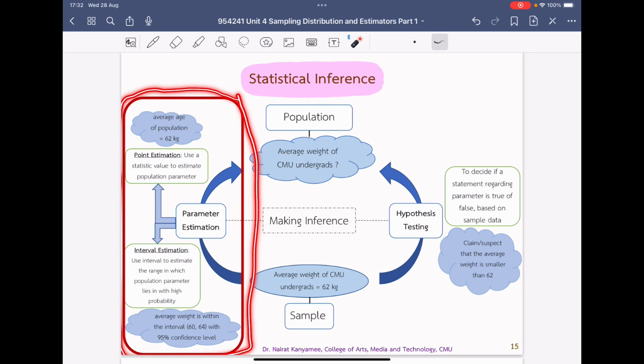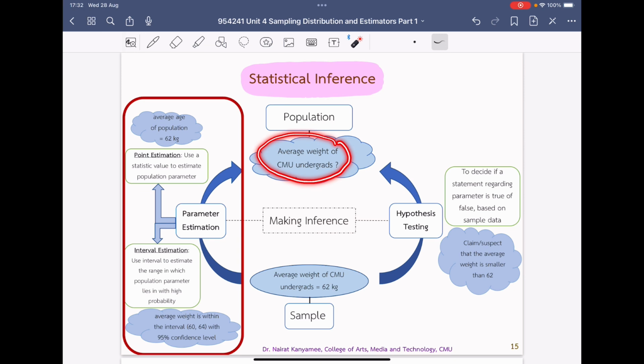Okay, and the first way is to estimate the parameter. Remember, we are looking at the population parameter, and in this example, we are looking for the average weight of the population.